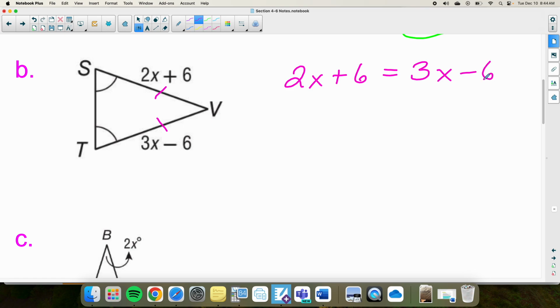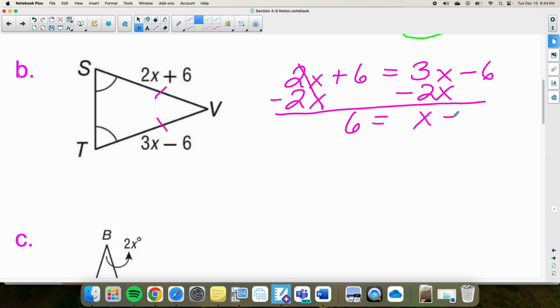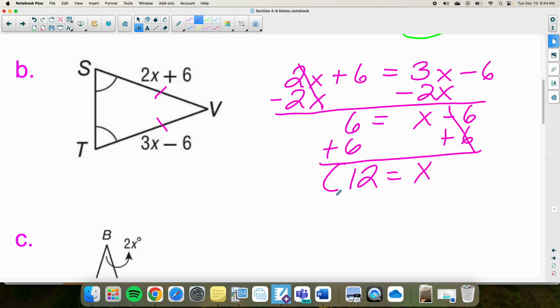Now I'm going to bring this 2x over here by subtracting it. And I get that 6 equals x minus 6. And then I'm going to add 6. And I get x is 12. Okay? That's my answer.